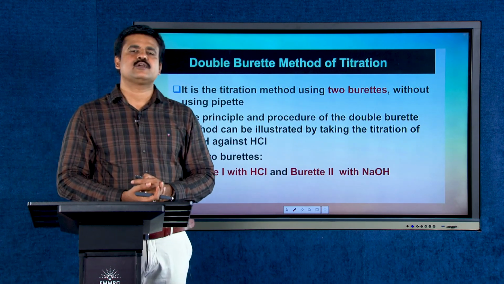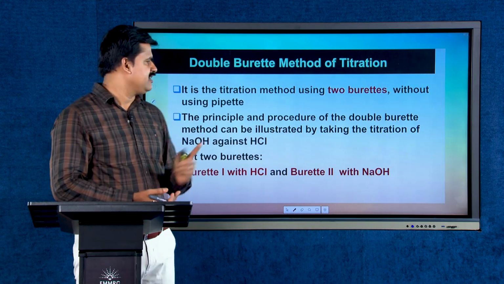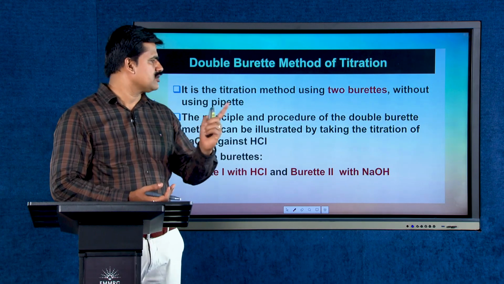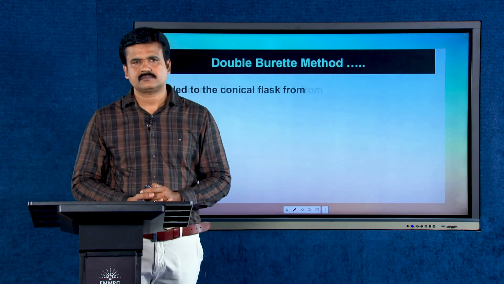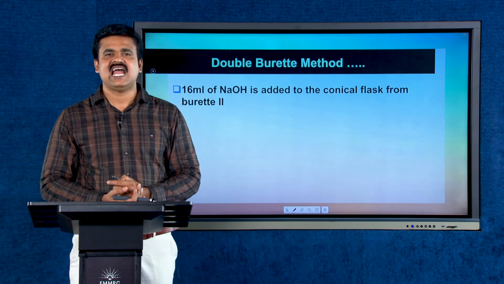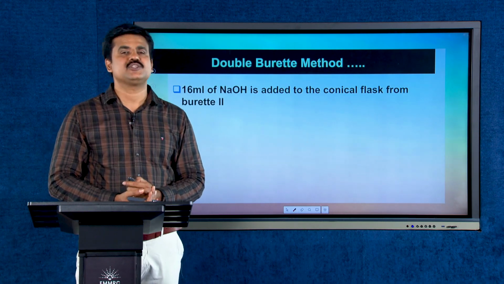Now, you can take 2 burettes. Burette 1 is set with HCl and burette 2 is set with NaOH. 16 ml of NaOH is added to a conical flask from burette 2, because burette 2 is filled with NaOH.